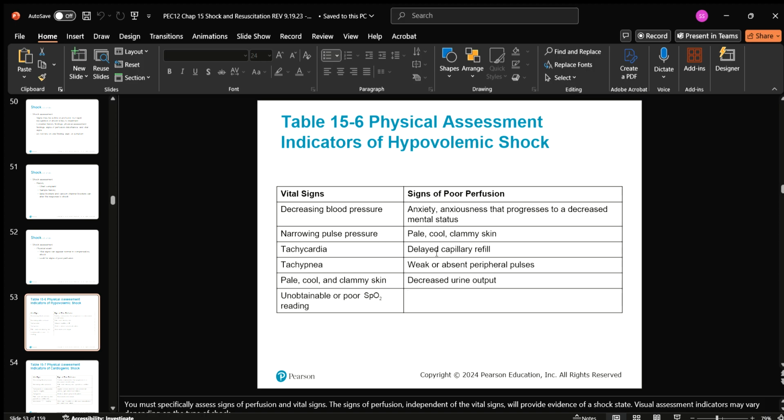Here are some other signs. Decreasing blood pressure, anxiety that progresses to a decreased mental status. Pale, cool, clammy skin, delayed capillary refill, like we talked about. Weak or absent peripheral pulses. Why would our peripheral pulses be absent? It's in your head. Starts with an S. Shunting.